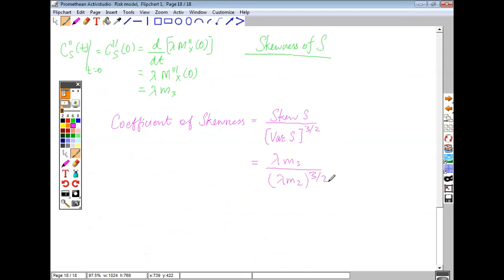Okay, so now we have to determine the sign of this guy here. What do you guys think? Will it be positive? Will it be negative? Can it be 0? Anyone?